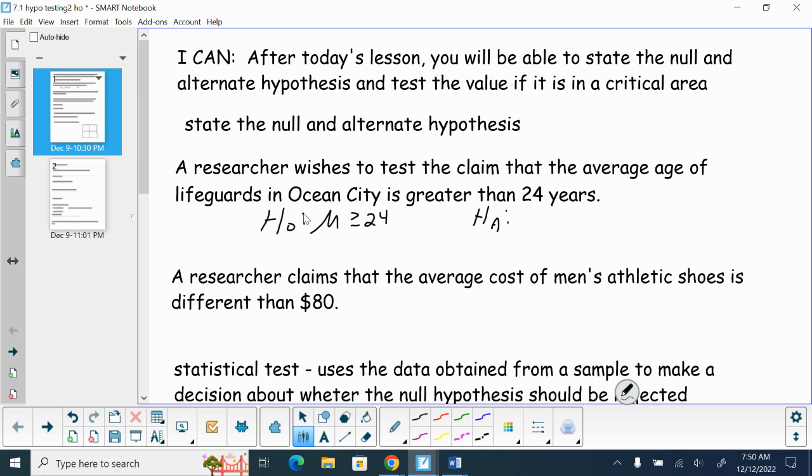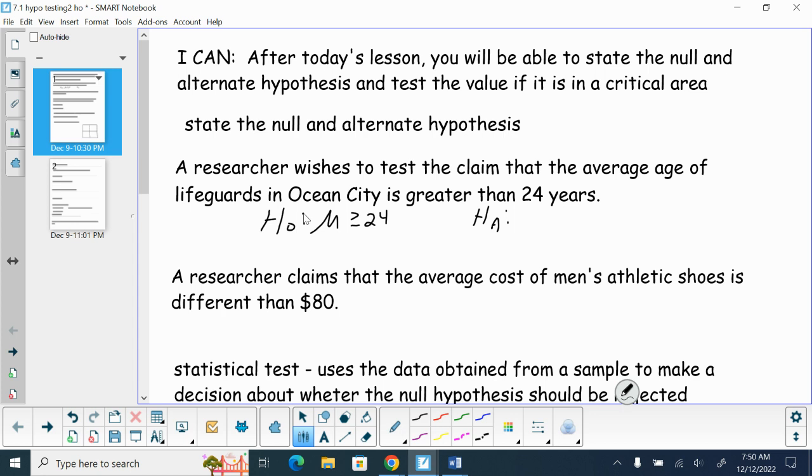Because ultimately what we are doing is testing the alternate or the null hypothesis. So we're testing his claim. We are either going to reject the null hypothesis or we will fail to reject that null hypothesis.